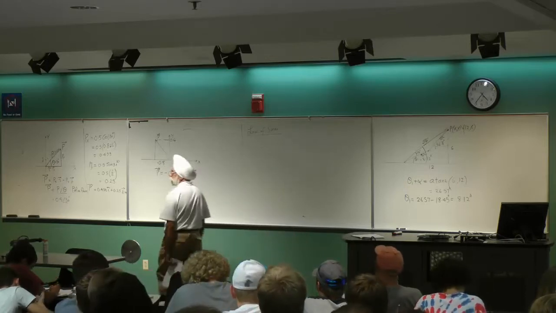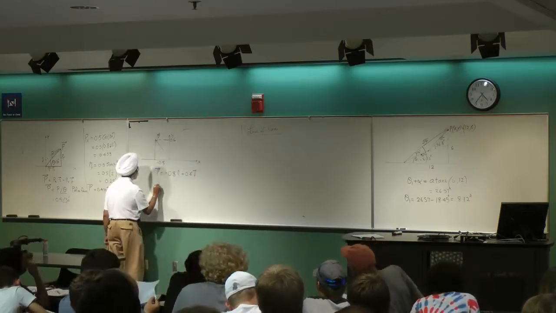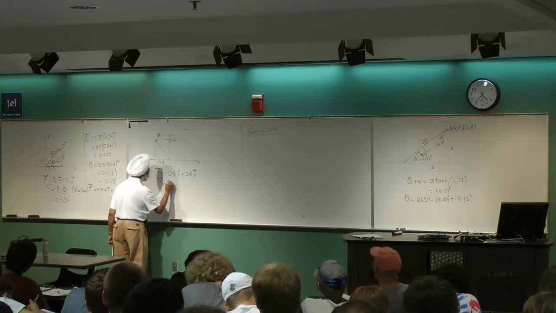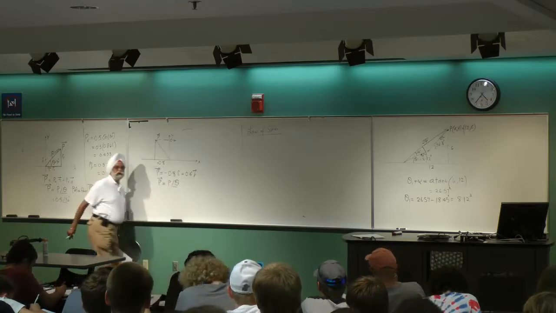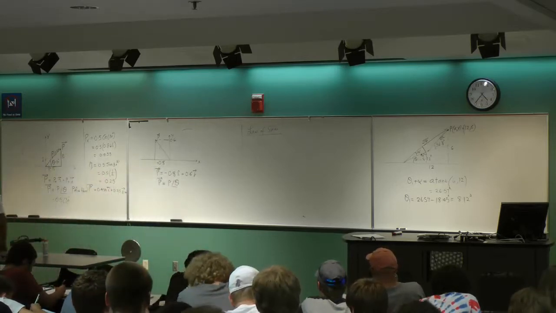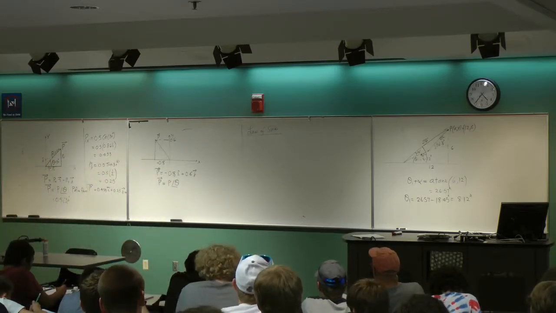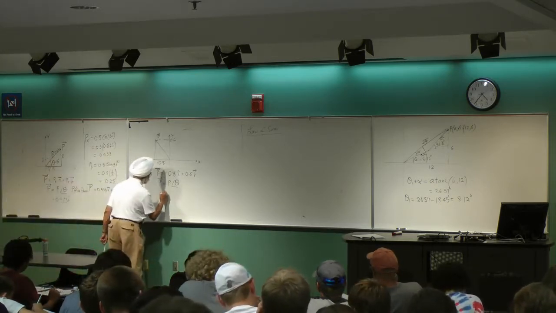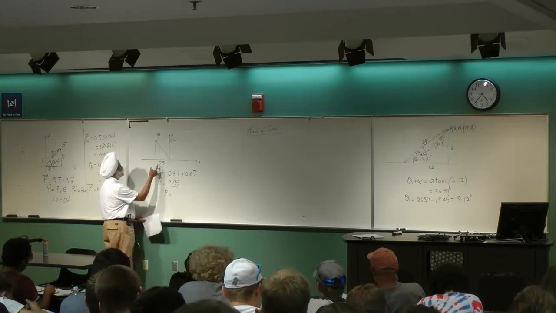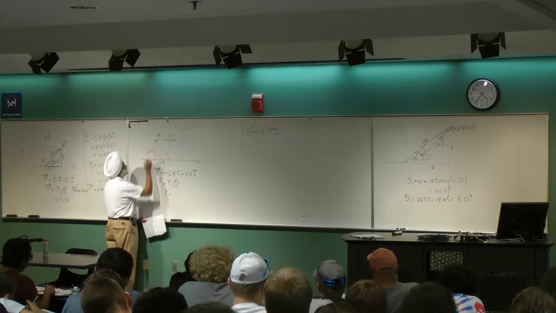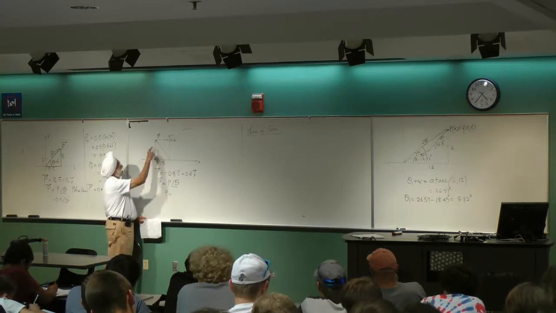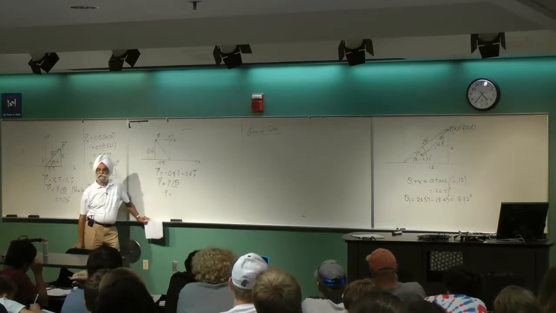So let's find the magnitude first. Let's find P first, because to represent that in the polar form, I need to have that, right? Agree? So what is P? The magnitude of the vector. Okay, so we know this distance is 0.8, that distance is 0.6.